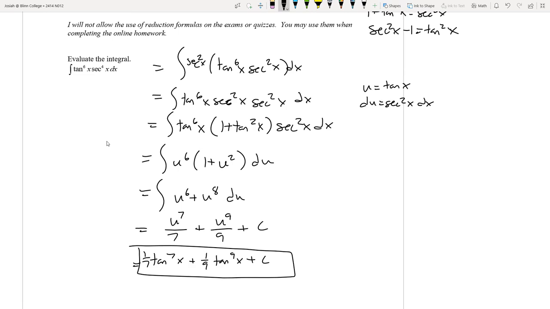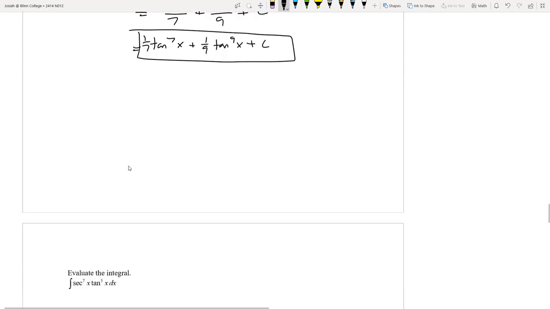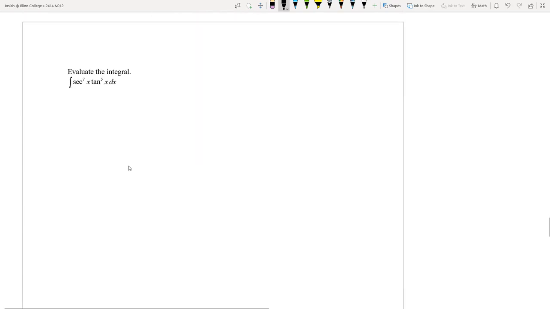All right, so the next one we look at, we're going to modify. We have an odd number of secants and an odd number of tangents. Remember the other thing we tried: we took a secant times a tangent off.